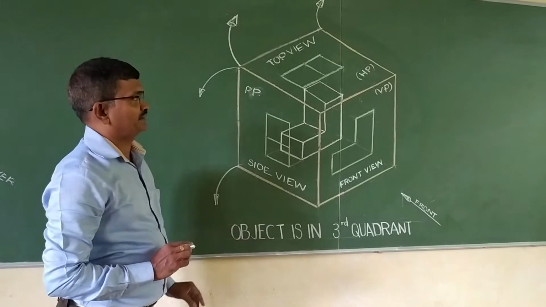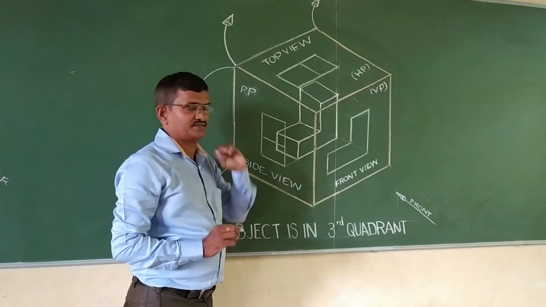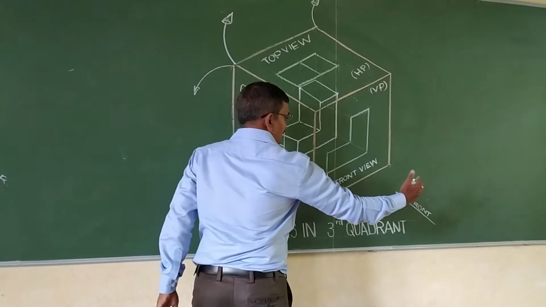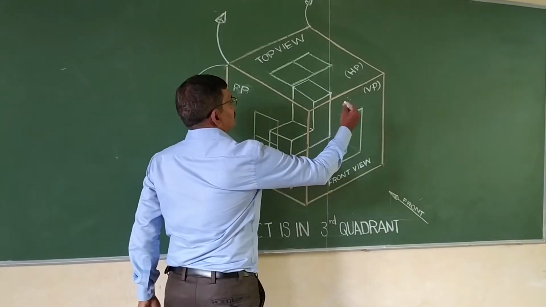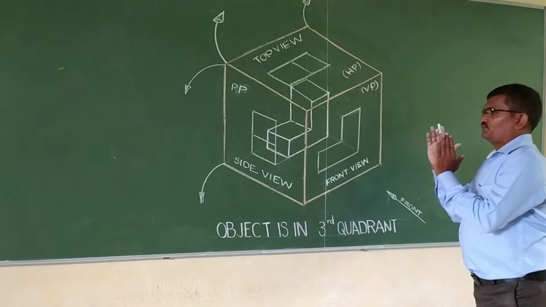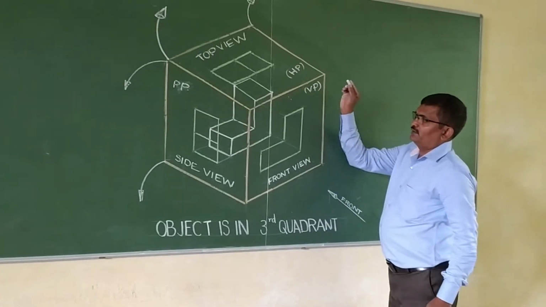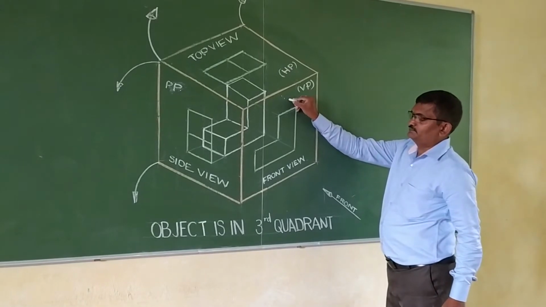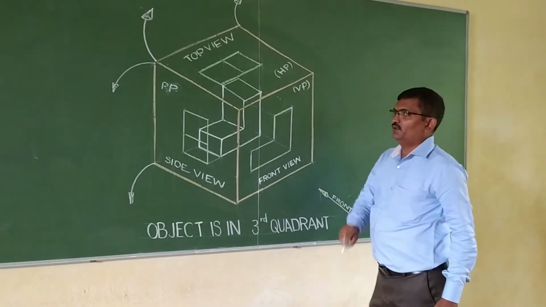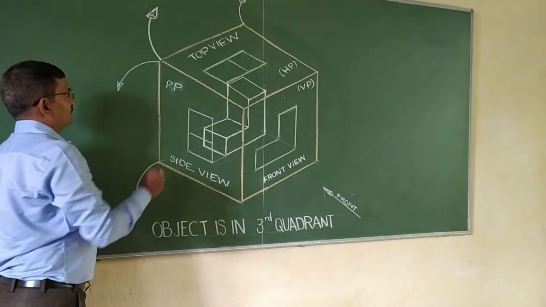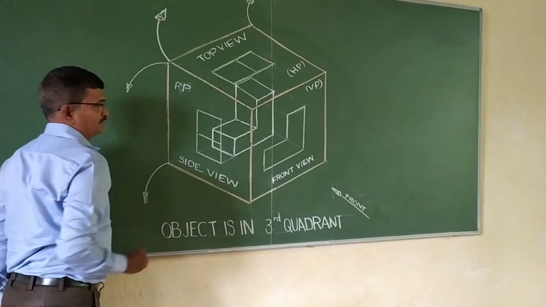See, this is the third quadrant. Here the object is placed in the third quadrant. When you observe from the right hand side, it is the VP, and when observing the side view from your left side, it is the profile plane.